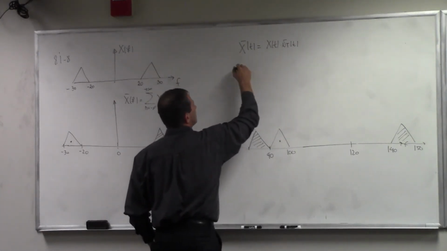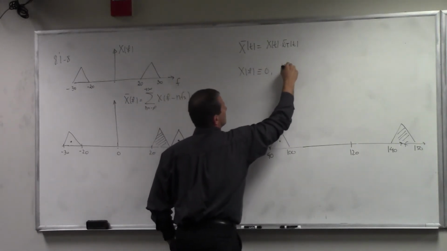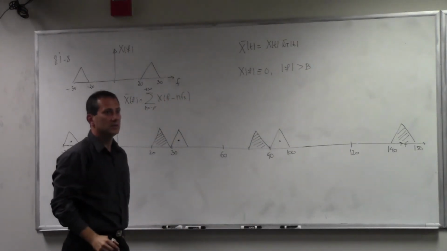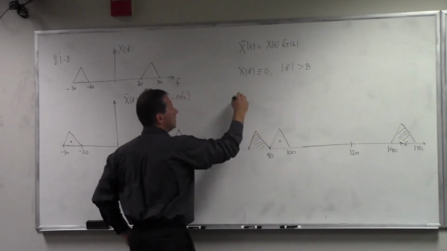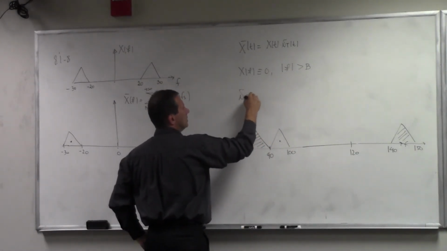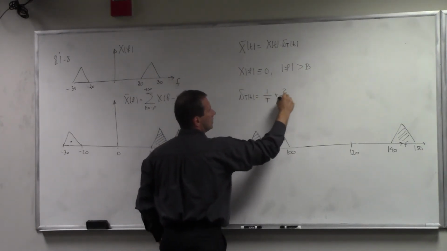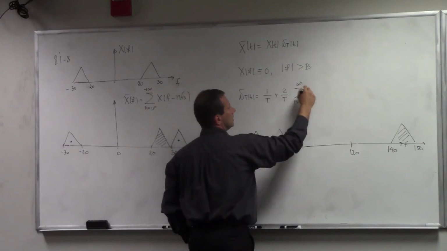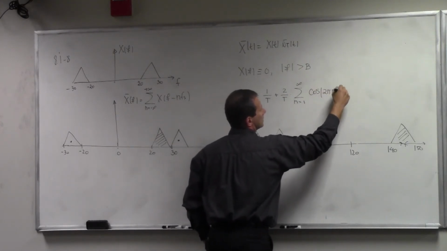X of t, I know, X of f is identically equal to 0 whenever f is greater than b, right? So this is a band limited signal. But how about this delta T of t? We looked at last time, delta T of t was essentially equal, I can write it like this, 1 over T plus 2 over T times the sum, n goes from 1 to infinity, of cosine 2 pi n fs t.